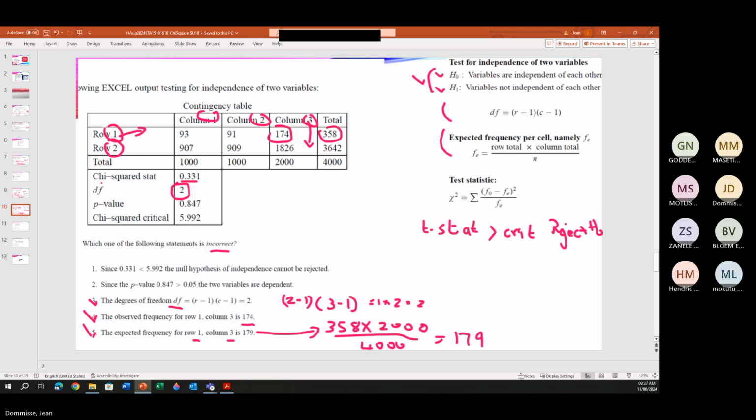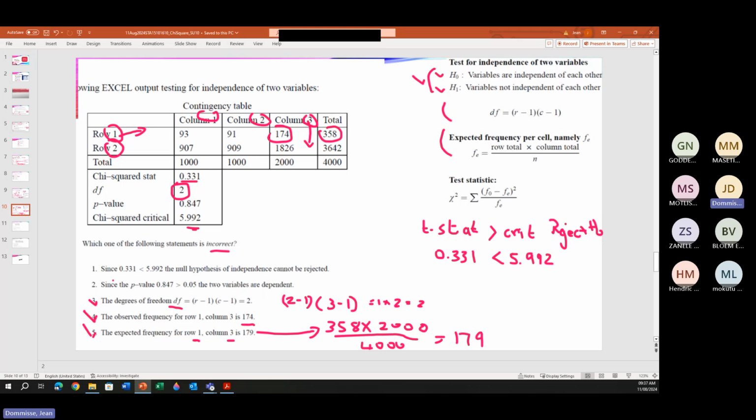So t-stat 0.331 is definitely smaller than your critical value of 5.992. So we will not reject the null hypothesis.